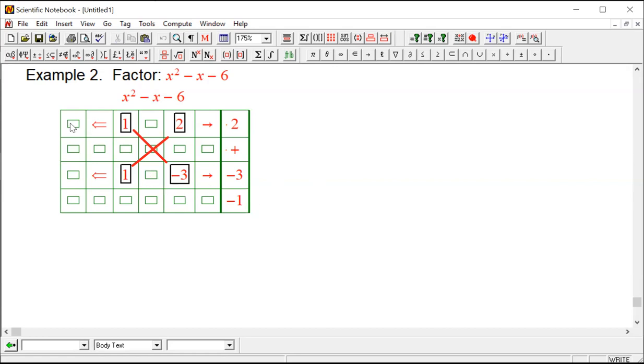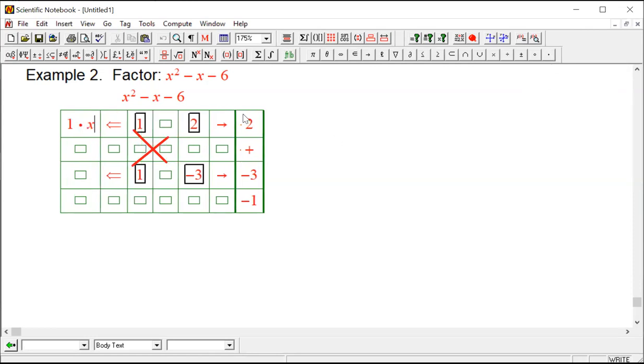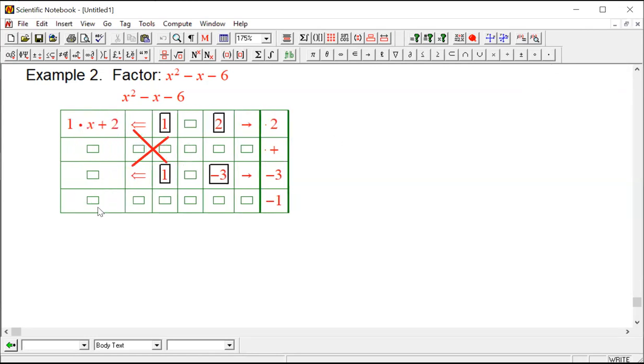Once we made the perfect match, we can make the factors. So take the numbers 1, 2 in the first row. We take 1, multiply by x, and plus 2. The second factor we'll get by 1 times x minus 3. So we got our two factors.